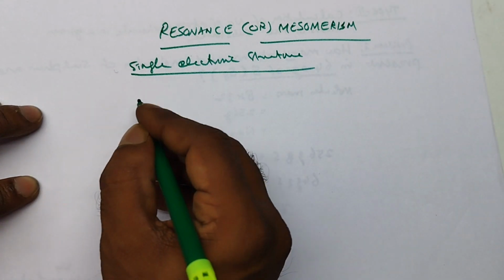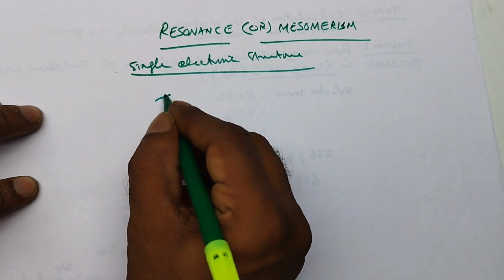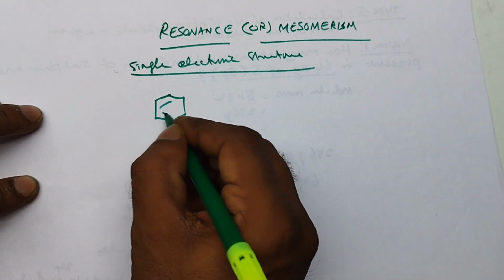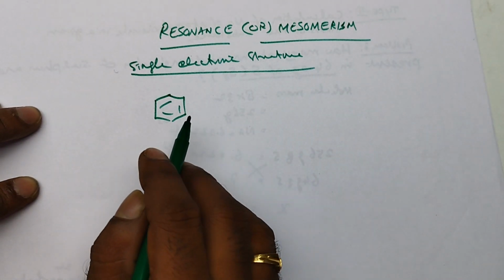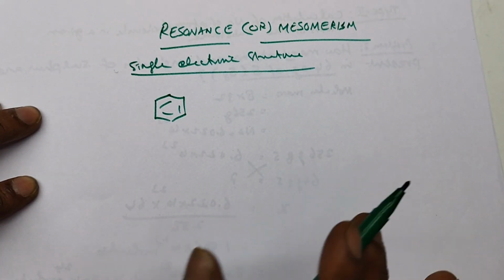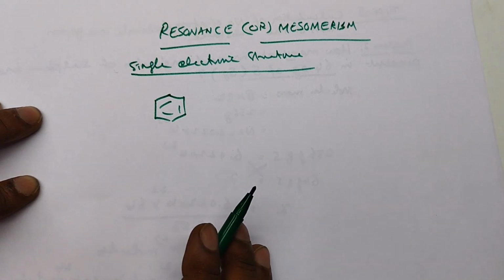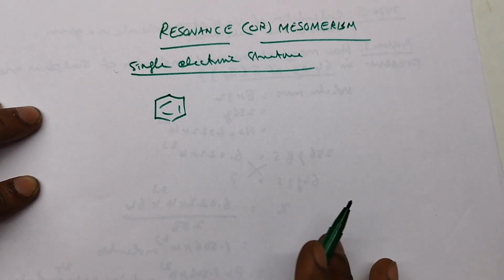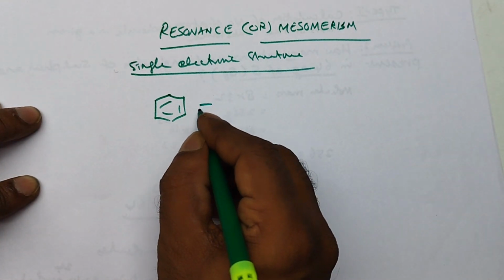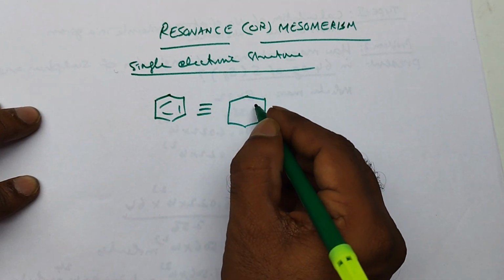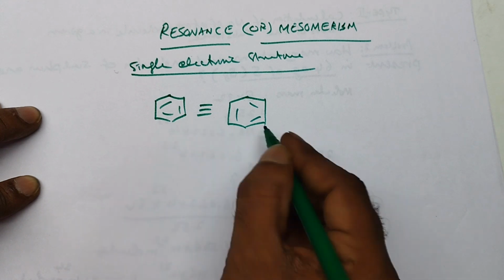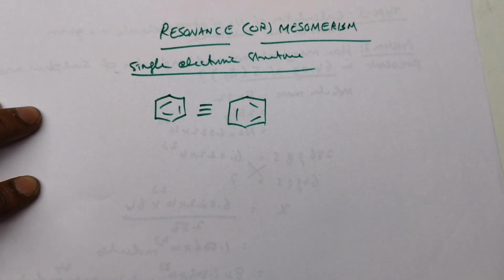For example, you can take benzene. So this is a benzene structure. This single electronic structure alone is not sufficient to explain all its properties. It has more similar structures. See here, you just change the bonds. This is a similar structure of benzene.